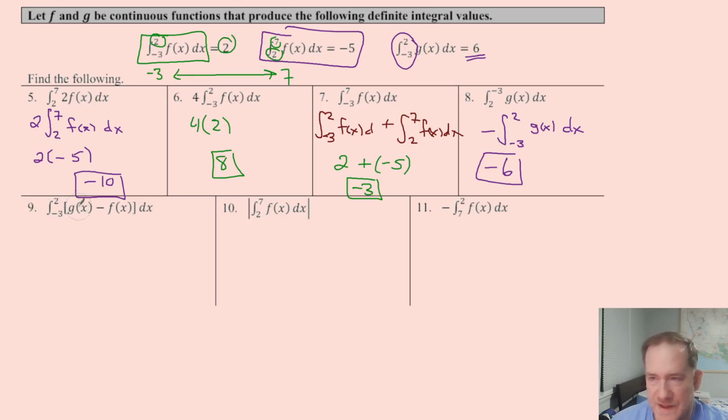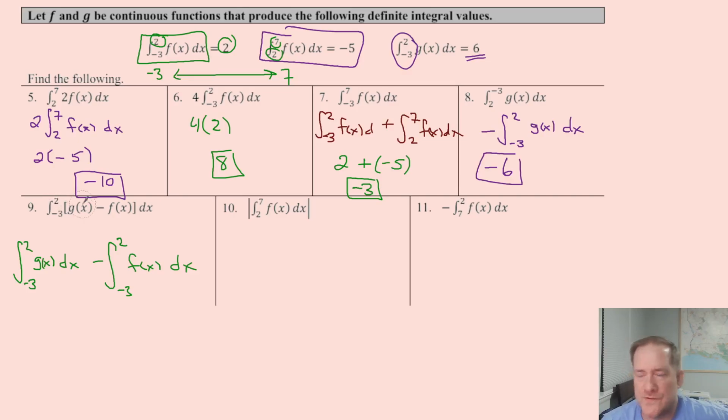And for something like 9, we definitely had a rule that said the integral of a difference could just be the difference of 2 integrals. Just break the integral down and let one of them go from -3 to 2 and be evaluating g of x dx. And the other one also goes from -3 to 2 of f of x dx.